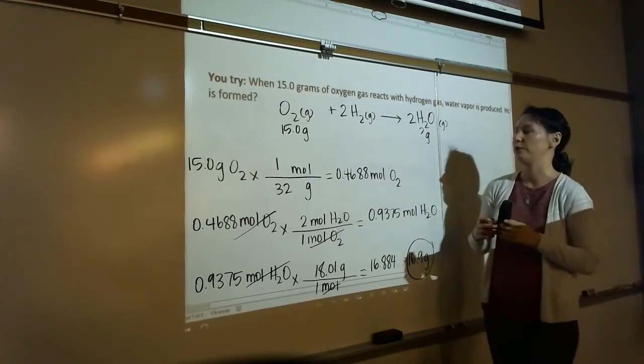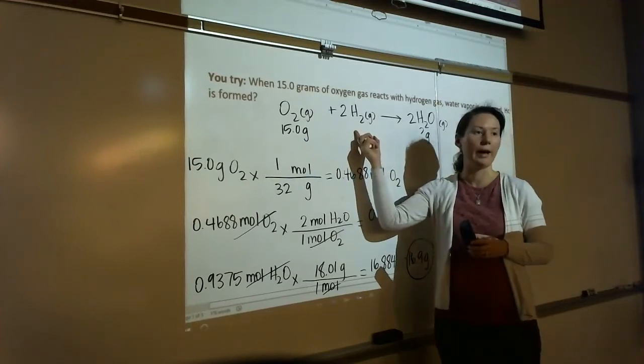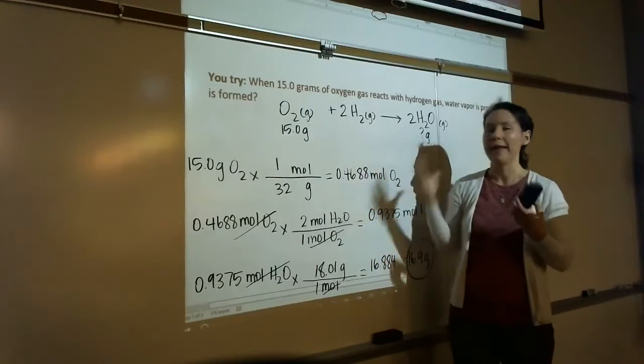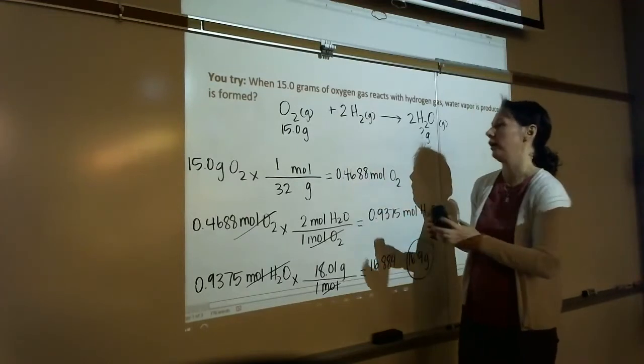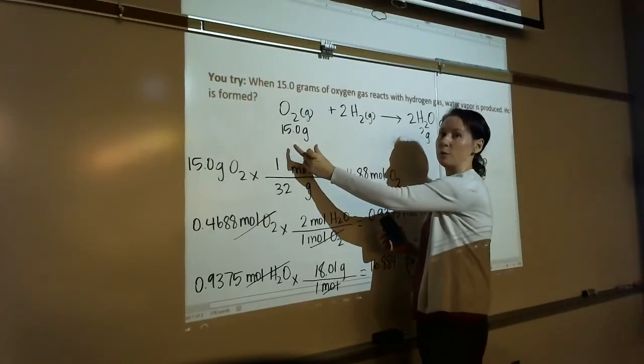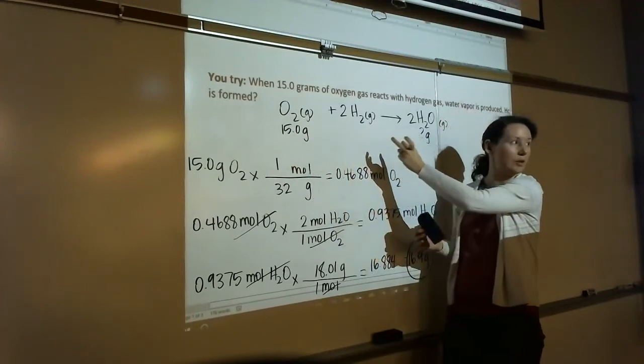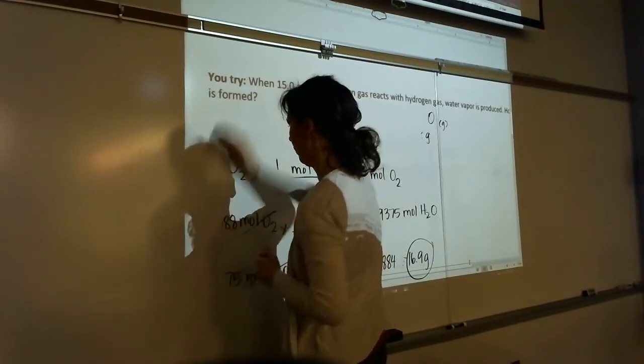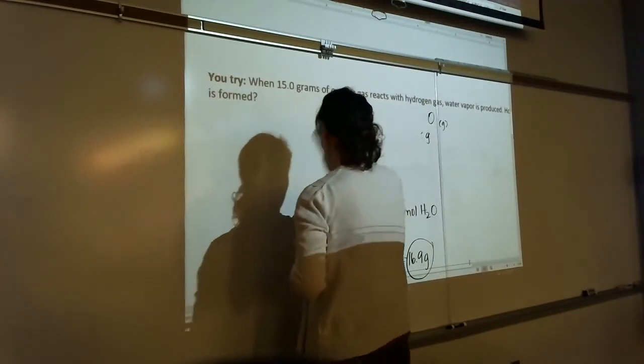So far, we've just assumed that the amount of H2 we had was either unlimited or very, very large, right? But now let's look at a situation where I have a restricted amount of this one and a restricted amount of this one. What's that going to do for me? So that's where we have to start looking at limiting reagent.